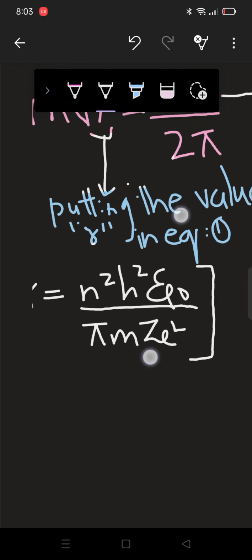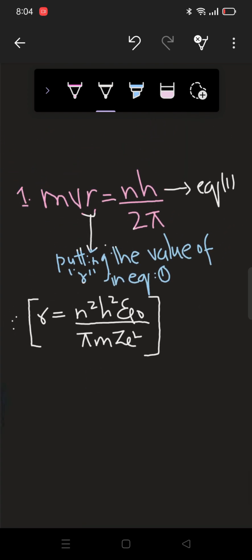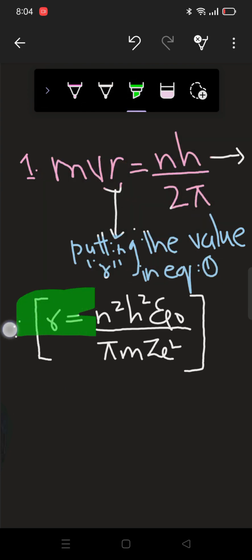And that we have calculated. I have made you understand how to derive the formula of this radius as well, by using both equations, mvr is equal to nh by 2 pi, and mv square upon r is equal to z e square upon 4 pi epsilon naught r square. So here I need to put this value of r in equation number 1.